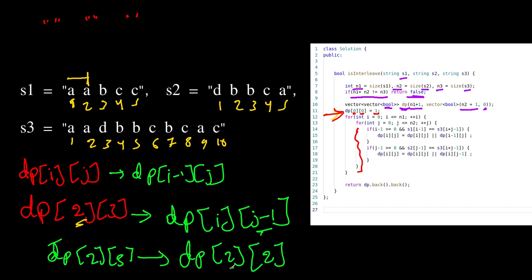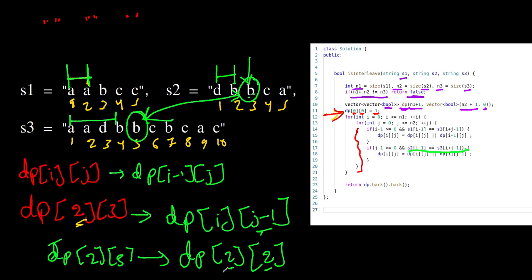So dp of 2, 2 is this part. Notice that we took the last character from j, and 2 plus 2 is 4. We took the last character as 3, which is this one. Now we compare this character with this character here. In this case they are equal.